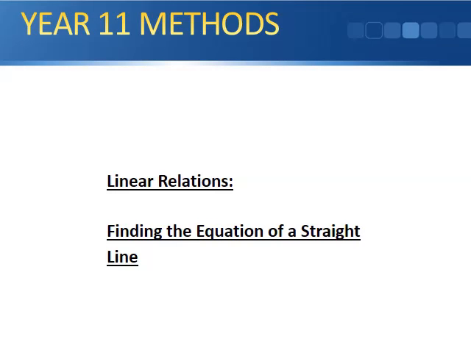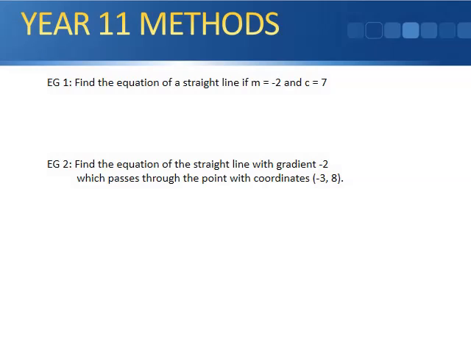I'm going to define the equation of a straight line. So here, example 1 says find the equation of a straight line with m equals -2 and c equals 7. Well, we know the straight line rule: y equals mx plus c.